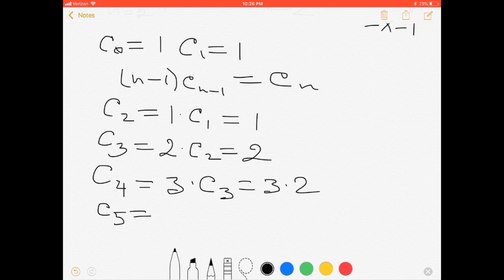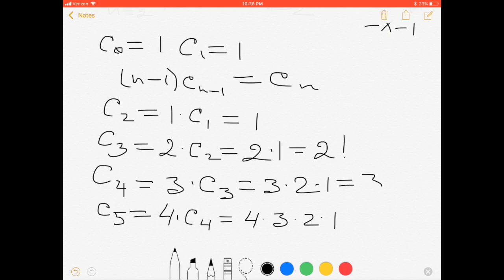Okay, c5 will be 5 minus 1, which is 4, times c4, or 4 times 3 times 2. We can write times 1. And looking here, 2 times 1 is 2 factorial. 3 times 2 times 1 is 3 factorial. 4 times 3 times 2 times 1 is 4 factorial.